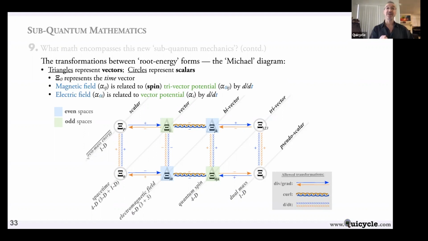Similarly, if you take the electric field, which has a 0 i, and you want to turn that into the vector potential, which is just i, you'll do a similar d by dt process, and that will convert the electric field into the vector potential, as I mentioned before. So this is a nice way of representing those transformations and showing how the energy flows between these root energy forms in terms of the mathematical transformations that are involved.